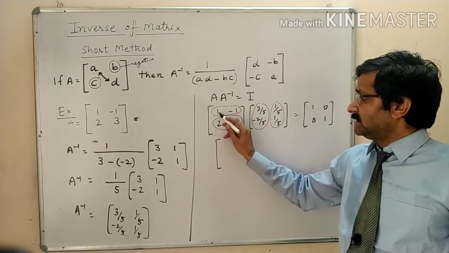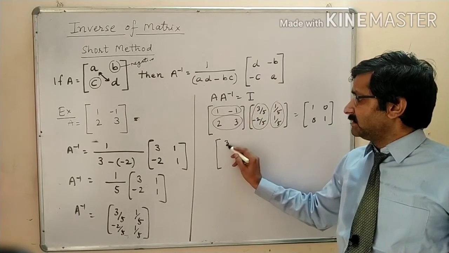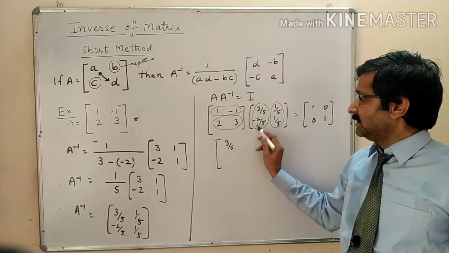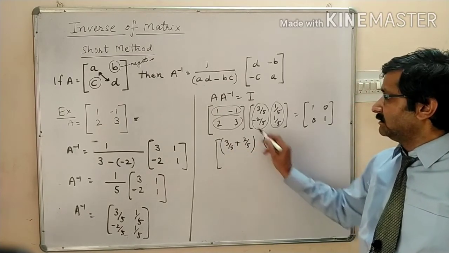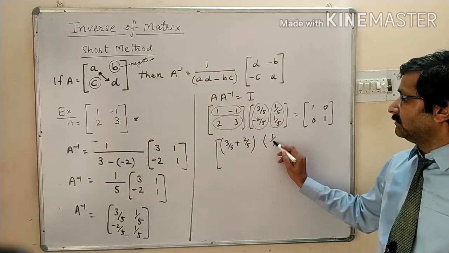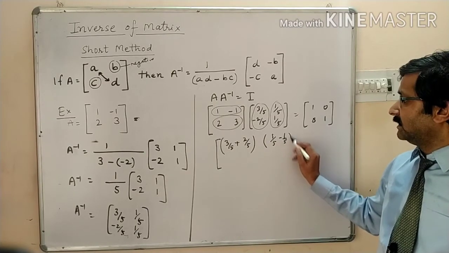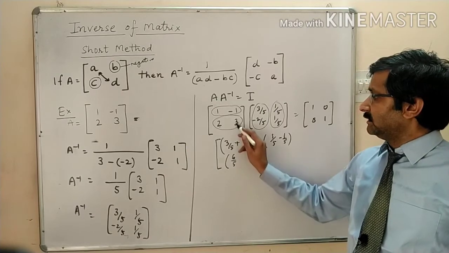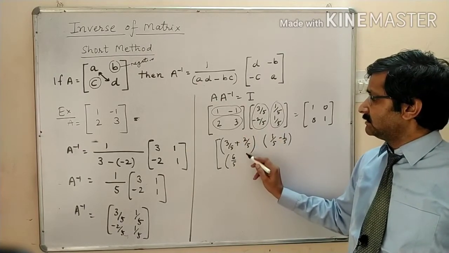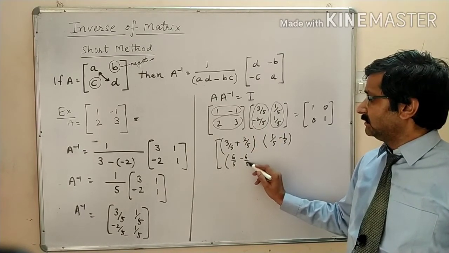First row, first element is 1 into 3 by 5 is 3 by 5. Minus 1 into minus 2 upon 5 is plus 2 upon 5. Next is 1 into 1 upon 5, 1 upon 5, minus 1 into 1 upon 5. Then 2 into 3, 6 by 5. 3 into minus 2, minus 6 by 5.